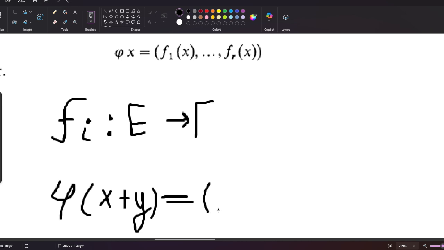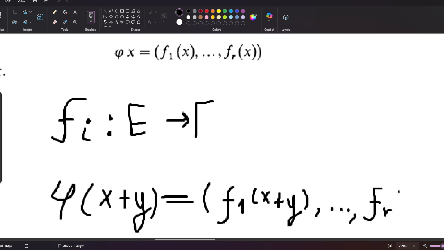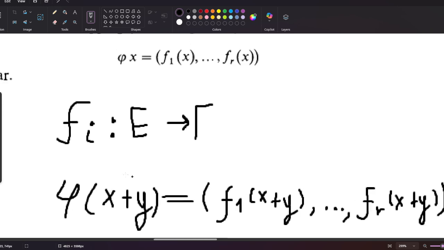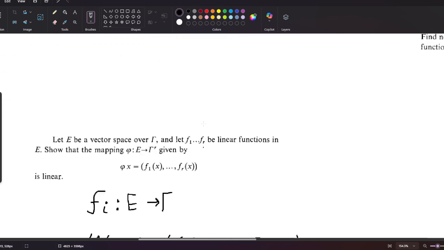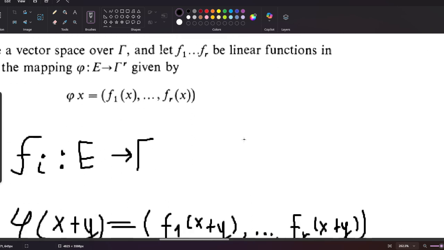So essentially we'll have a tuple again of f_1(x + y), and now we have the rest, and we have f_r(x + y). Now recall how every one of these functions is linear.